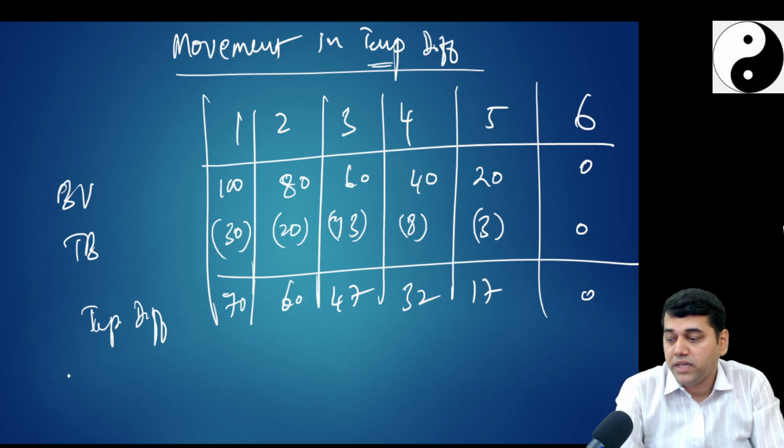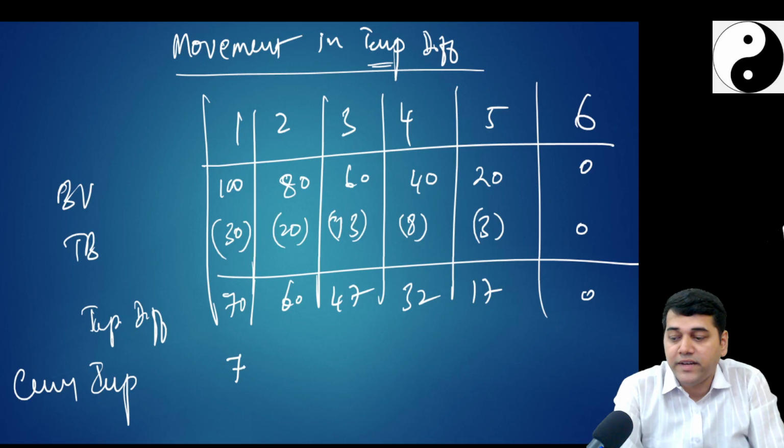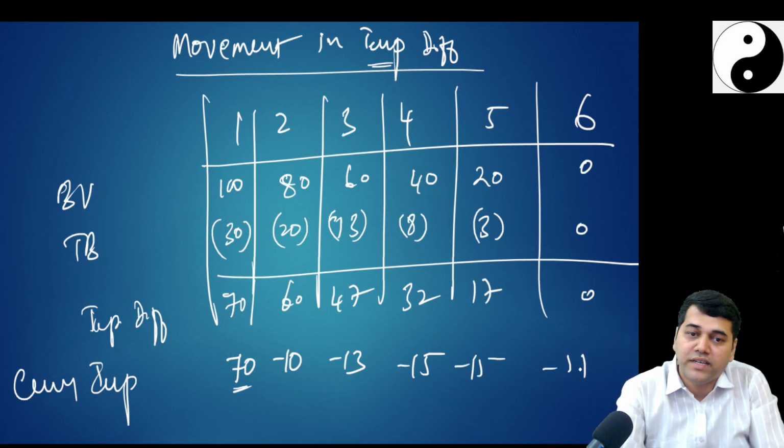So, what is my cumulative impact? First there was 70. Second year, 70 has reduced to 60, so minus 10 in this 70. Are you clear? That means the reversal happened of this temporary difference. Third year, minus 13, minus 15, minus 15, minus 17.